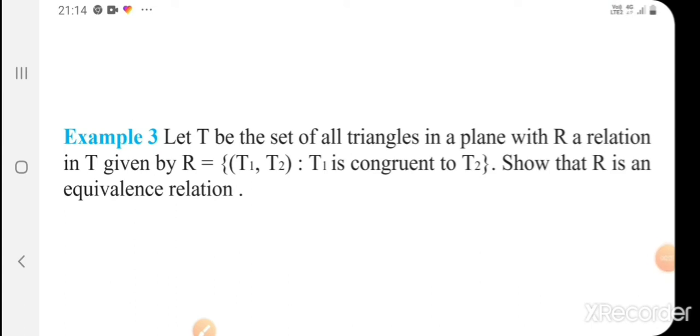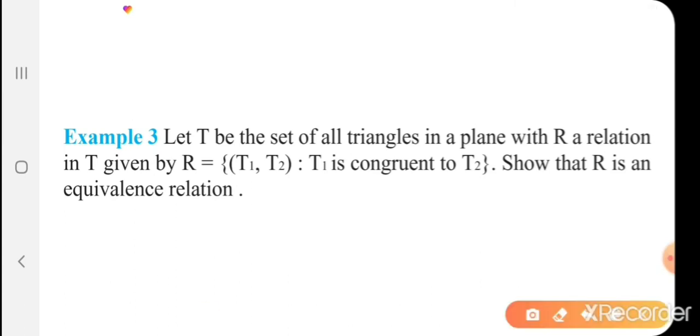Now you consider Example 3 of your NCERT book. Let T be the set of all triangles in a plane. If you draw any type of triangles in the plane, that is the set T. Now you take R as a relation in T, given that T1 is congruent to T2, then T1 and T2 are related.